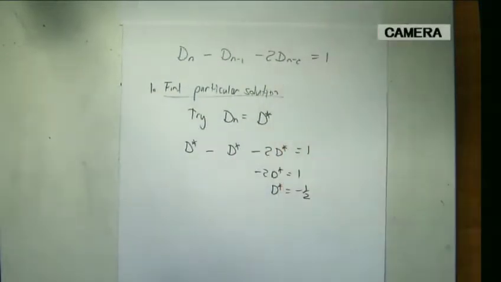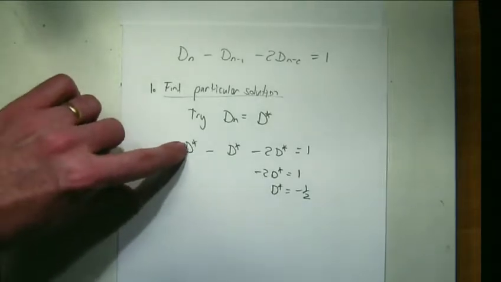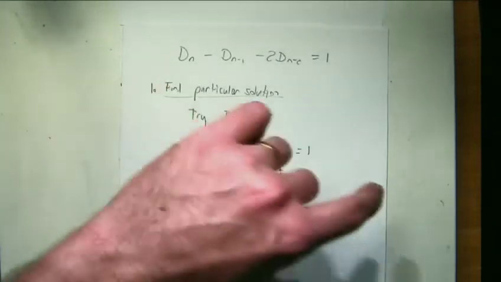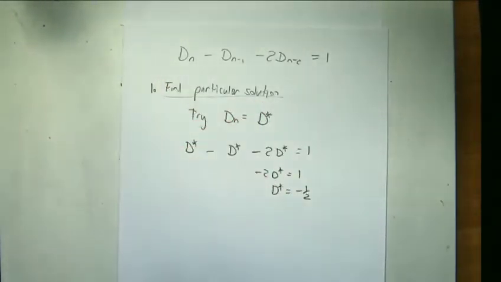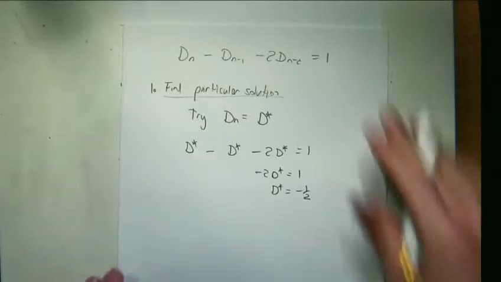What might have happened is that if I had had D star plus D star minus 2 D star, I would have gotten 0 equals 1. I'd get no solution at all. Or it could have happened that all the D stars vanished and everything was just 0 equals 0. If that happens, then you try n times D star and see what you get.